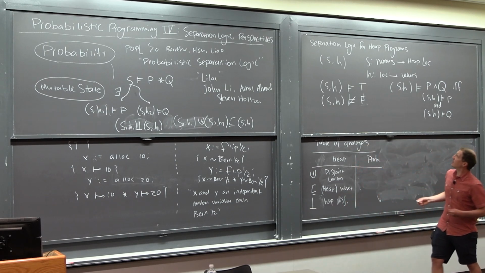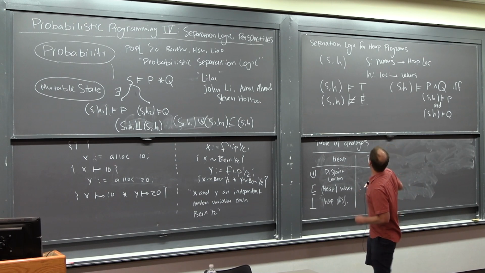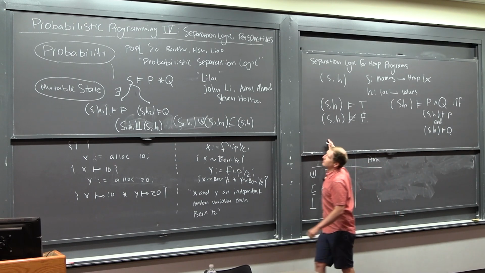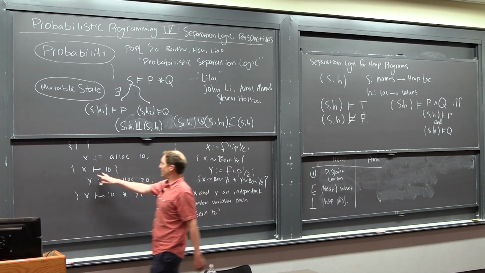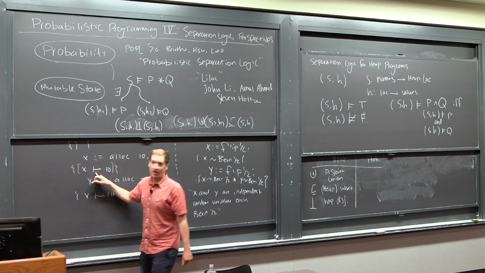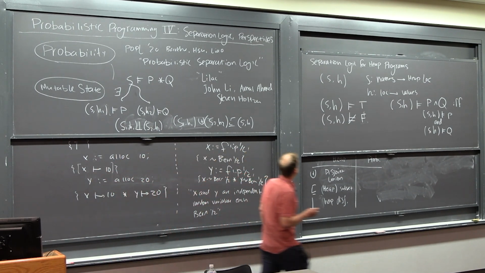And then I should have given you one more thing, which was a program and a fragment in the logic, and I didn't give that an interpretation. So let's give that an interpretation.